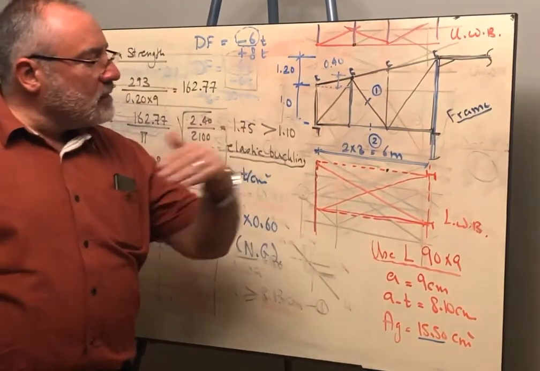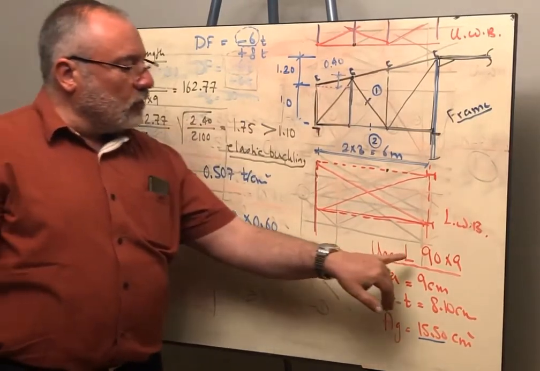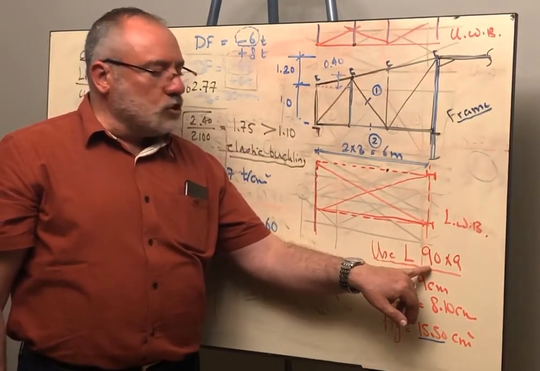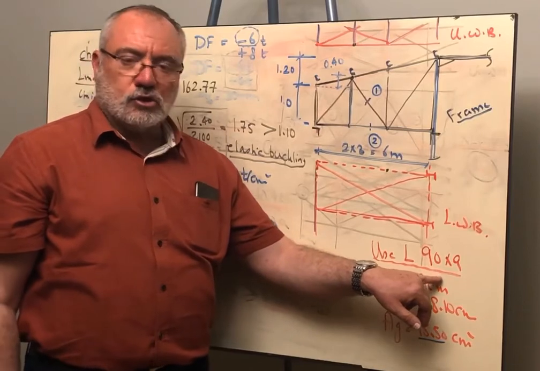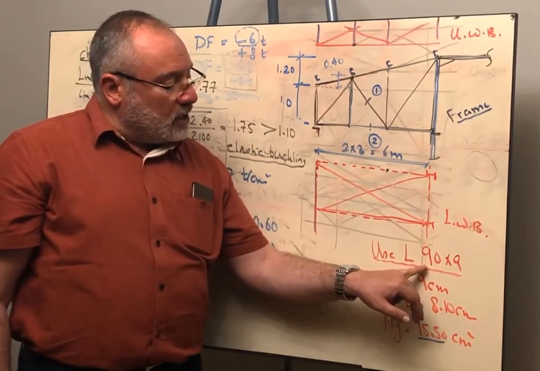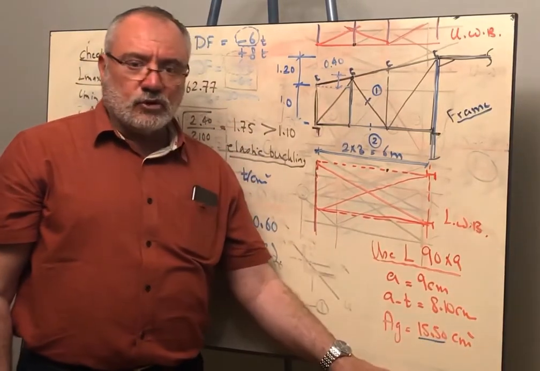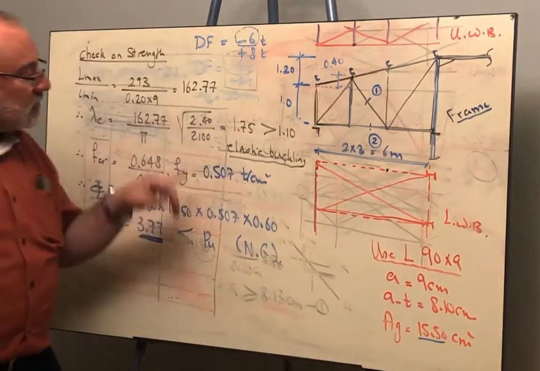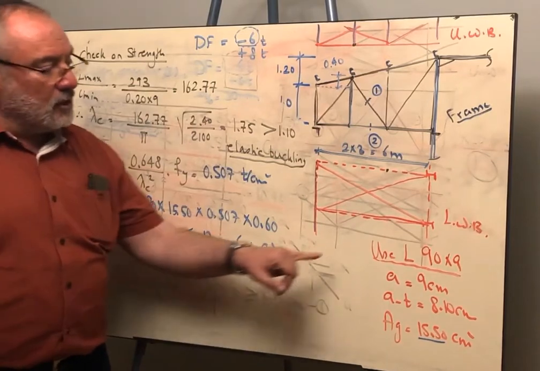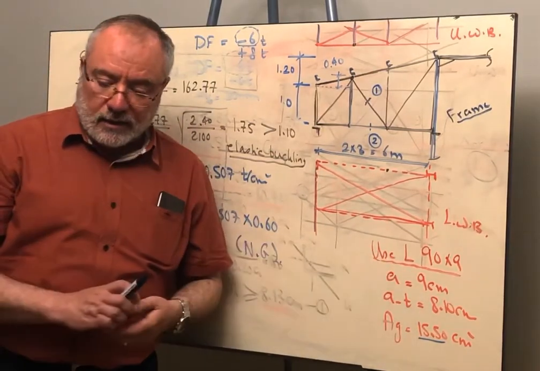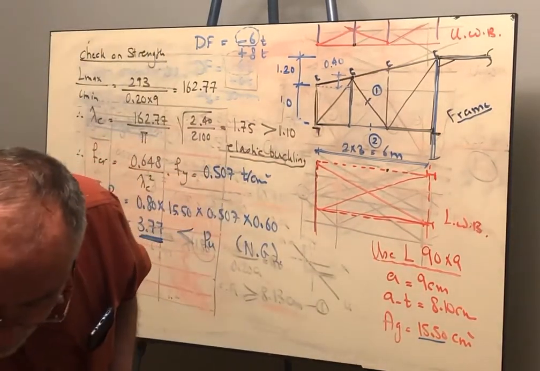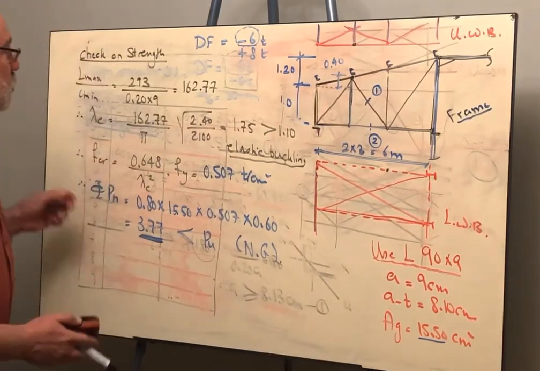So the systematic steps that you should follow, you should change your selection. Now this selection is not suitable, so you will have to take one angle 100 by 10 and repeat the same process. If you repeated the same process, you will still find that it is unsafe. You will end up using one angle 110 by 10. Let me show you that.